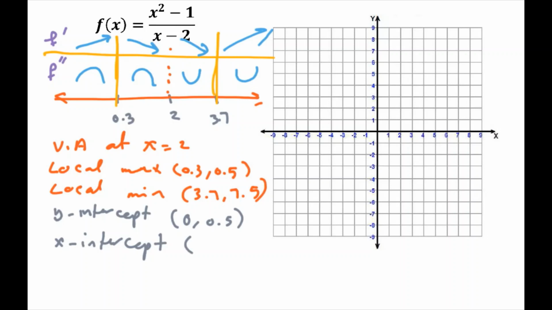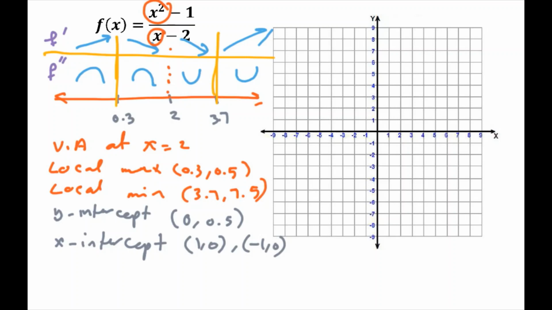That's going to be positive 1, 0, and negative 1, 0. Finally, I need to tell whether I have a horizontal asymptote or oblique asymptote. Well, since the degree of the numerator is greater than the degree of the denominator, I will have an oblique asymptote.